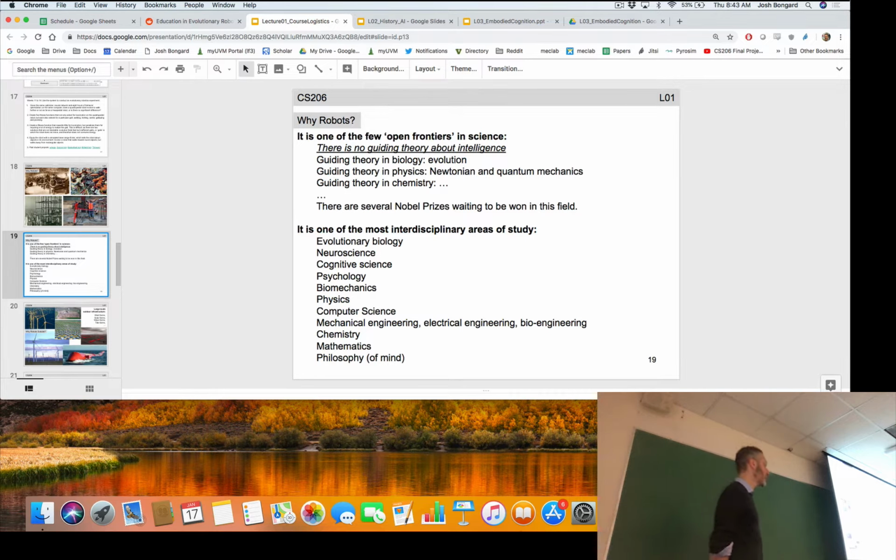So it turns out that in terms of chemical substances, there seems to be some underlying structure, and we've figured that out. There are still obviously a lot of interesting questions in chemistry, but some of the big guiding principles are already nailed down. In the study of intelligence, there is no guiding principle yet.